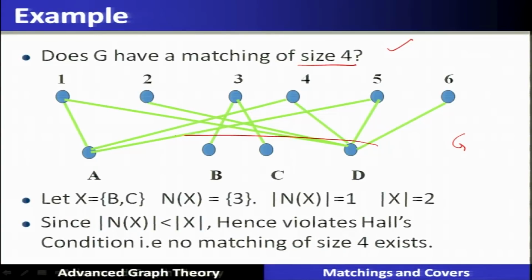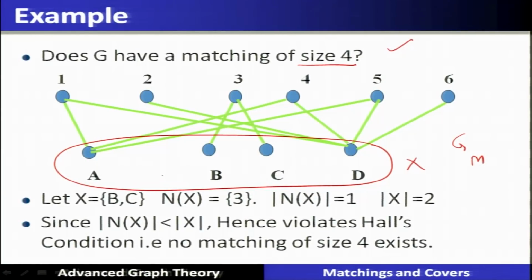What is 4? If you see, this set is 4. So, he is asking whether there exists a matching which will saturate all the vertices of X. If it does, then for every subset S of X, the neighborhood size on the other side is at least the size of S, which we are going to check.